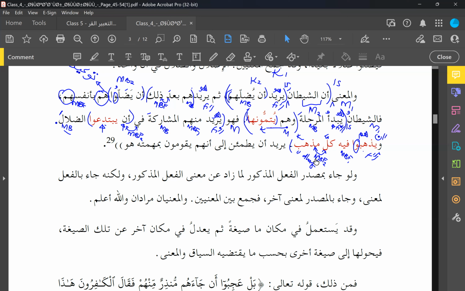If it's a ظرف, you understand where the fatha comes from, because ظرف is always going to have a fatha on it. It's always going to be في محل نصب, or mansub. Always. That's a ظرف. مفعول فيه, because it's a مفعول, is always going to be also mansub or في محل نصب. So those already give it away.